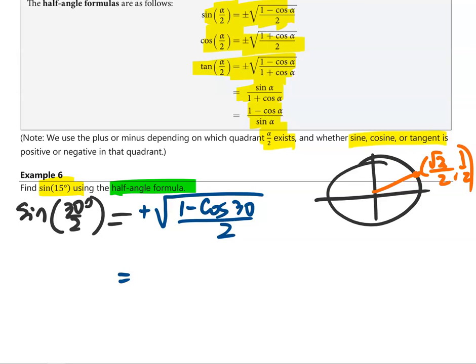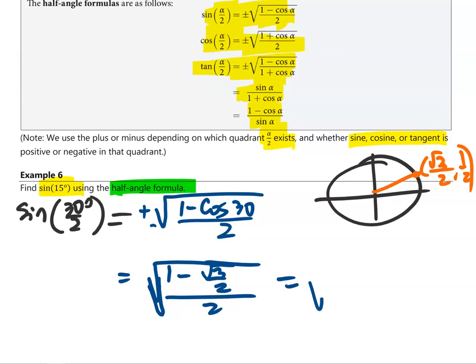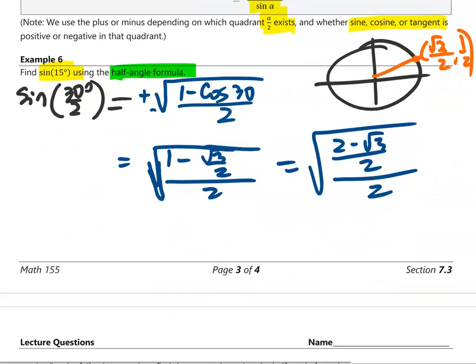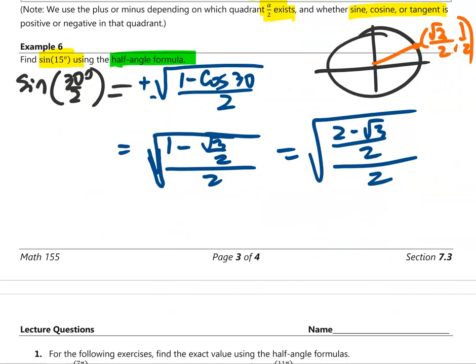So this is equal to the square root of 1 minus square root of 3 over 2, all over 2. And that is equal to 2 minus square root of 3 over 2, all over 2. And let's simplify this more.